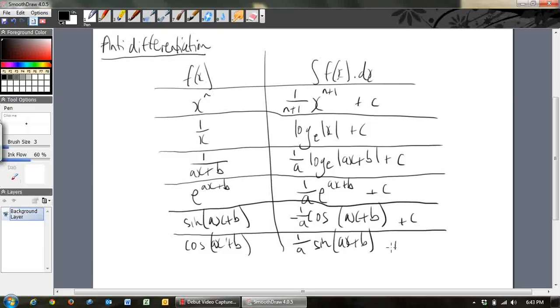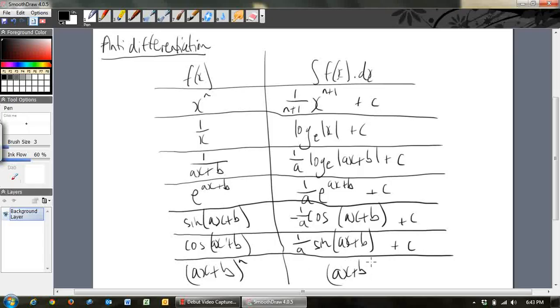And if I've forgotten any c's, and I have, you've got to always be careful when you anti-differentiate to add the plus c. And one more: when you've got something linear raised to a power, ax plus b to the power n, the power increases by 1, you divide by that new power, but you also need to divide by a as well.